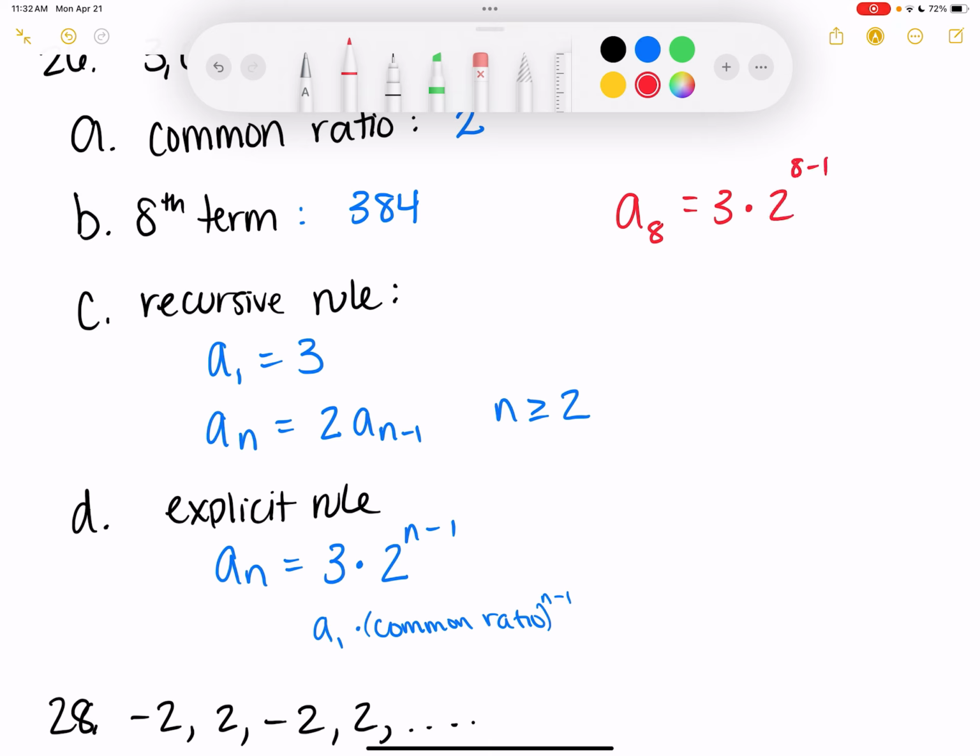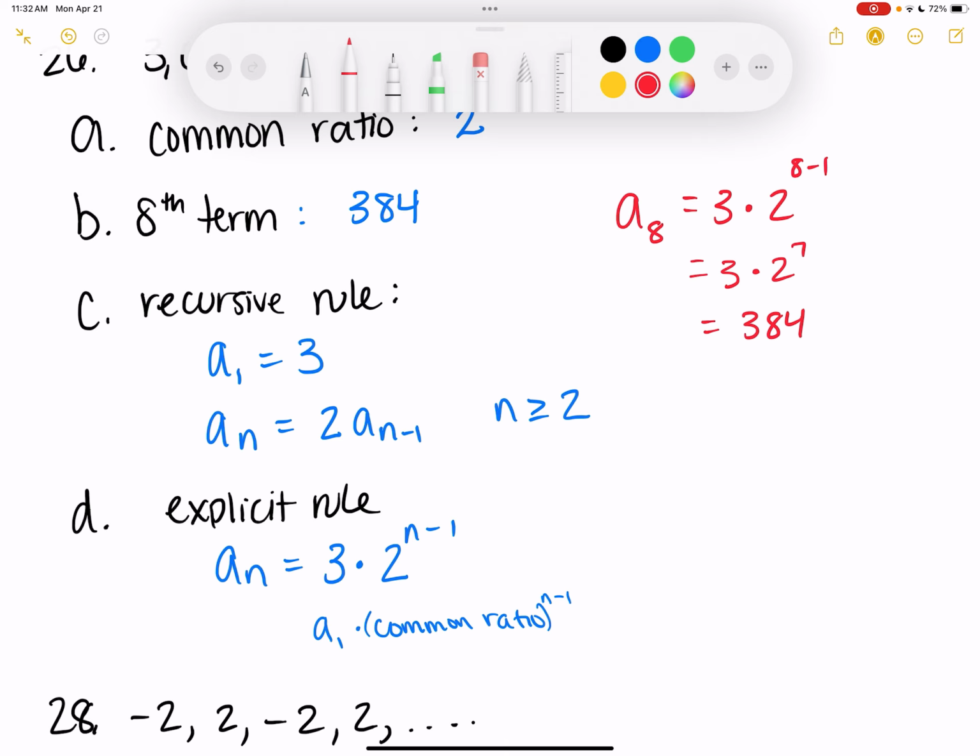And so then I would do 3 times 2 to the 7th. I don't even know what 2 to the 7th is. Let's find out. 2 to the 7th times 3 is 384. And so that's another way that you could go about finding that.